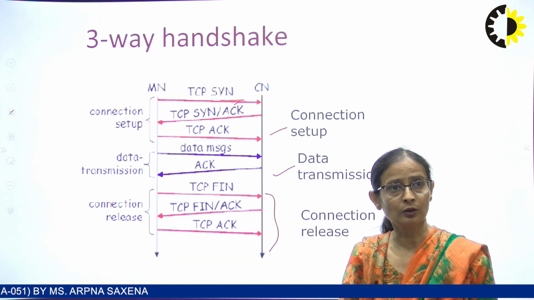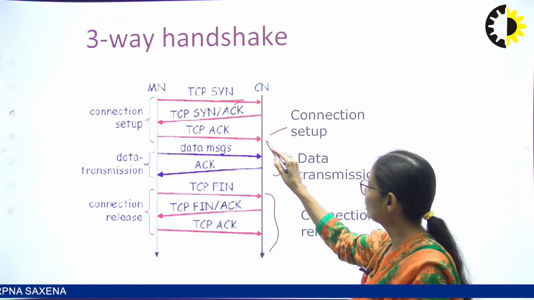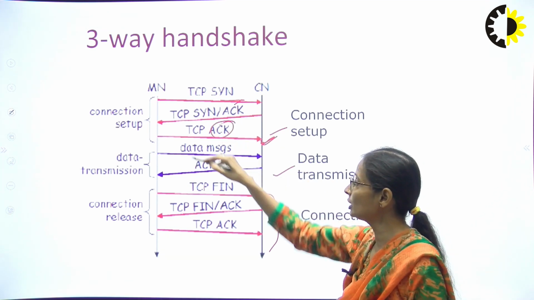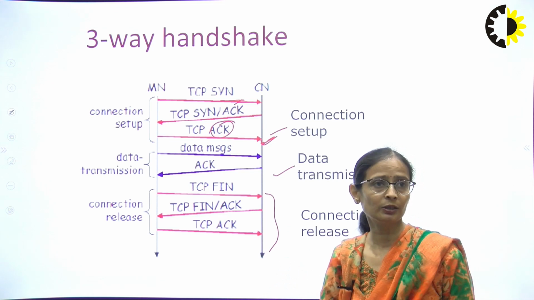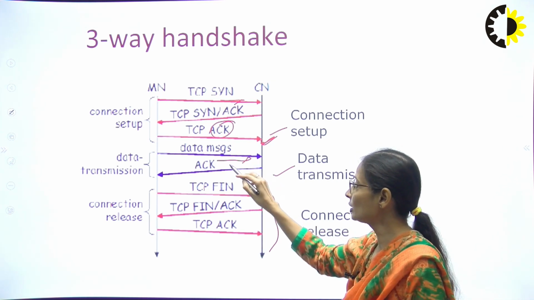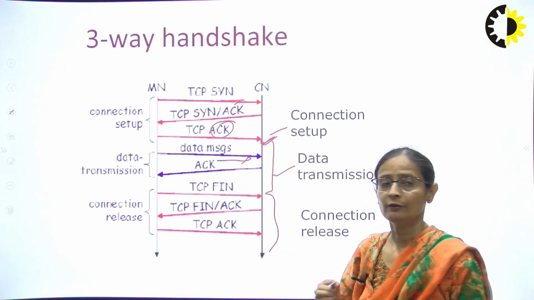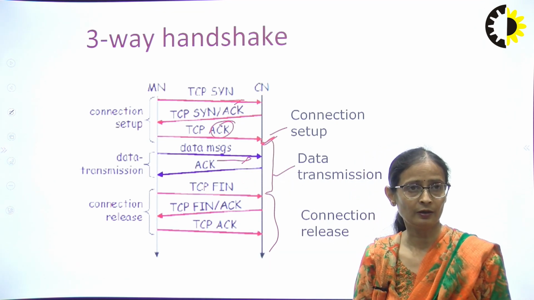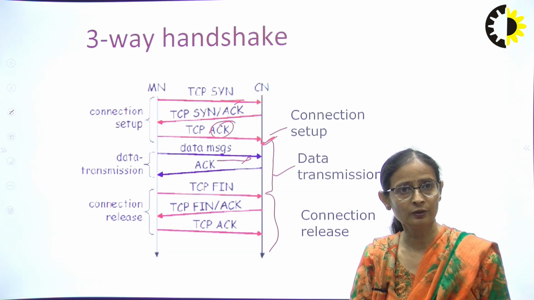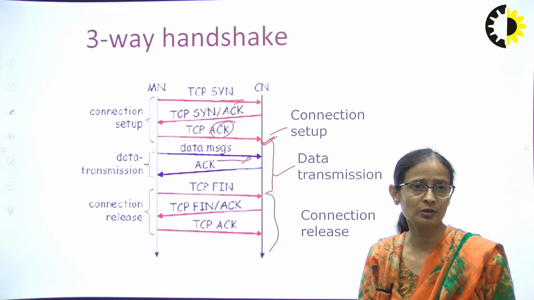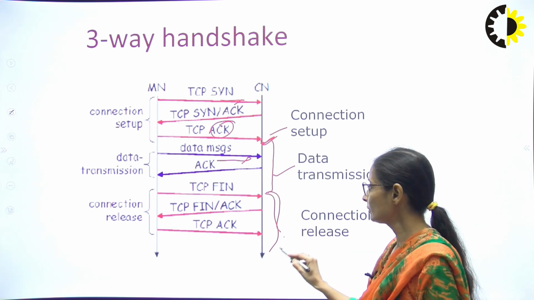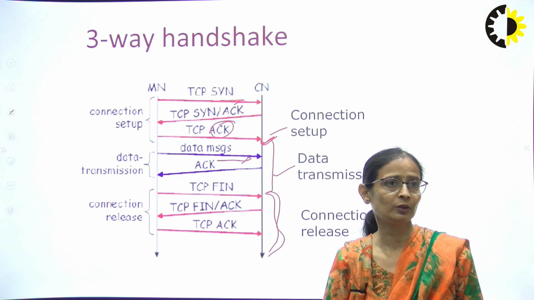It will send an acknowledgement, and when the node receives this TCP ACK packet, it will assume that the connection has been set up, and only after this is the data sent between the 2 parties. When the data is exchanged between sender and receiver, after exchanging the data, the connection is to be released, and again packets are exchanged between the 2 nodes.